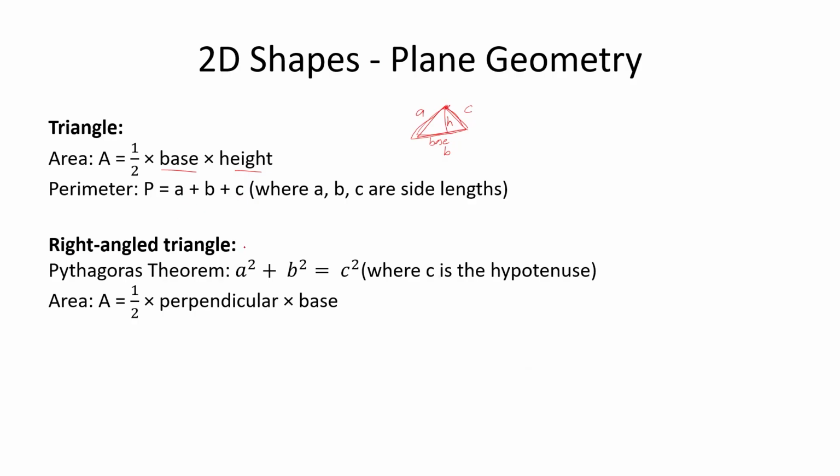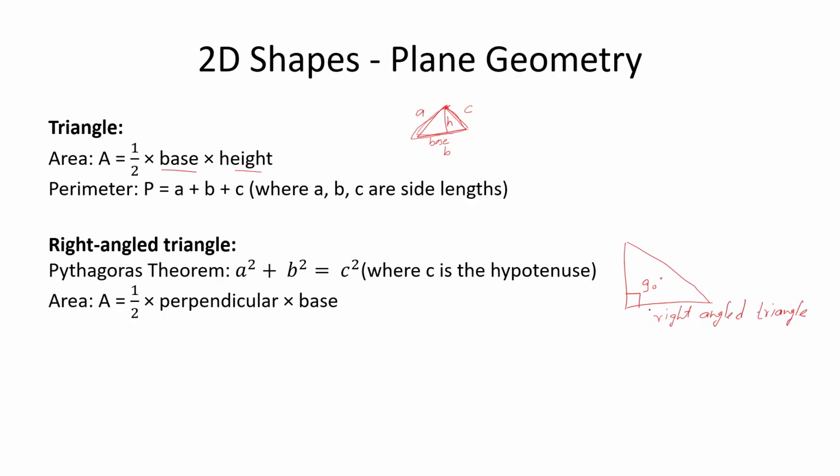Similarly, the right angled triangle. This is again a triangle, but one angle is 90 degrees. A 90-degree angle is known as a right angle, and the triangle in which one angle is a right angle, or 90 degrees, is known as a right angle triangle.